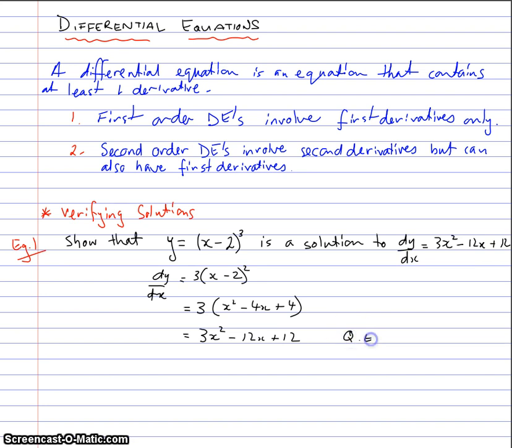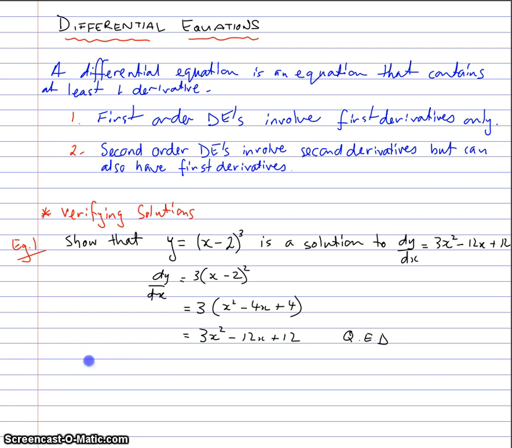So we could write QED, which means quod erat demonstrandum, which is Latin for which was what was to be demonstrated. It's quite common to have something like that in a proof.